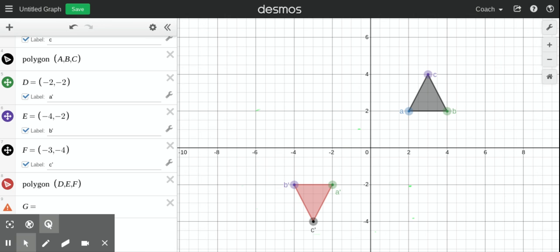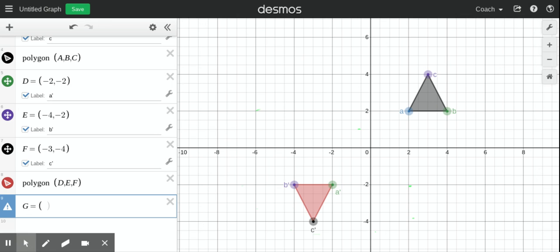Okay, let's see if we can do it 90 degrees counterclockwise. Look at the rules. X and Y flip-flop, and Y changes the sign. So the original one for A was (2, 2).